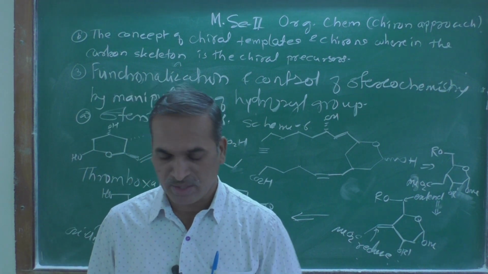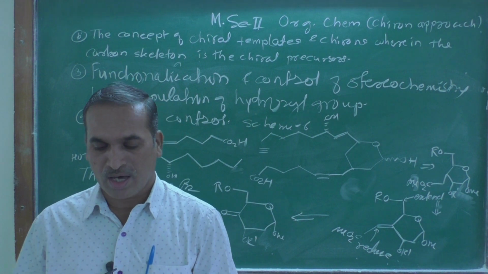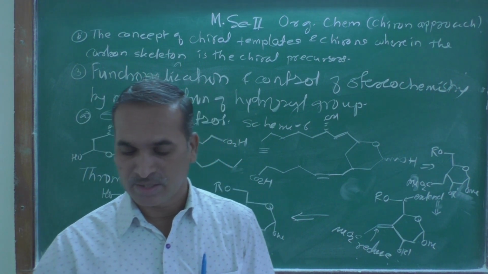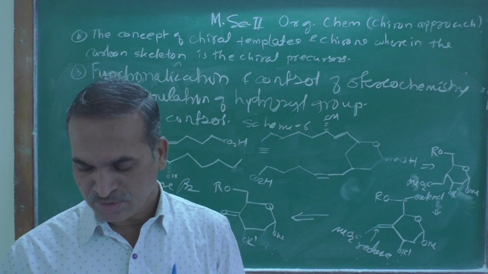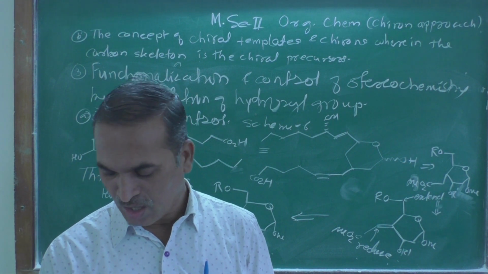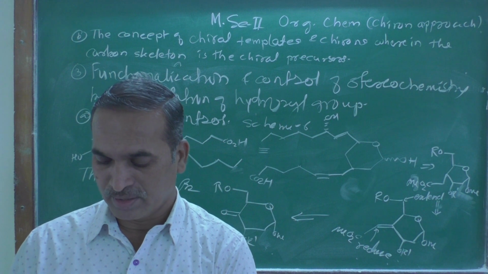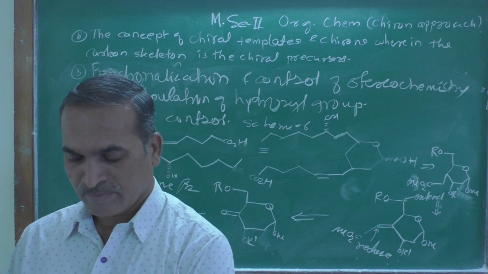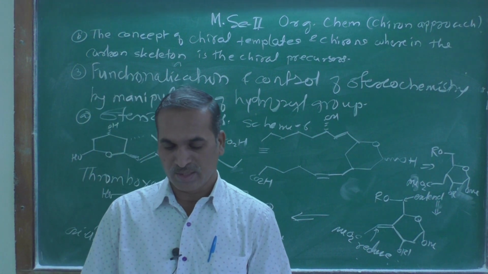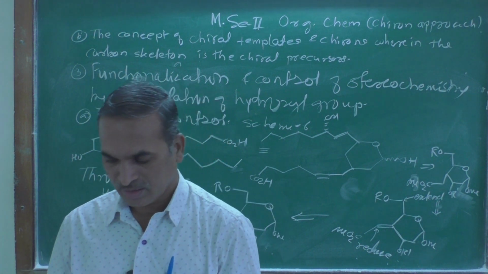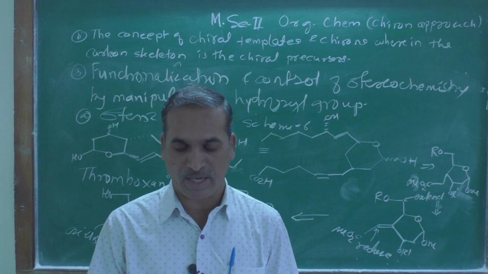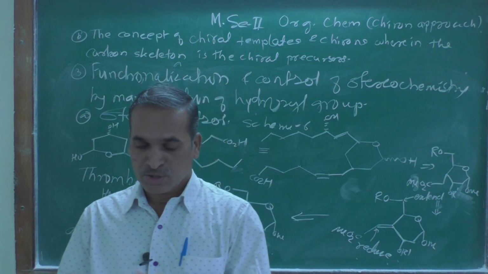Now the next one is steric control or conformational bias and the anomeric stereoselection, how it is applicable, how it is used, or where it can be used. Now let us see steric control, conformational bias and anomeric stereo control.